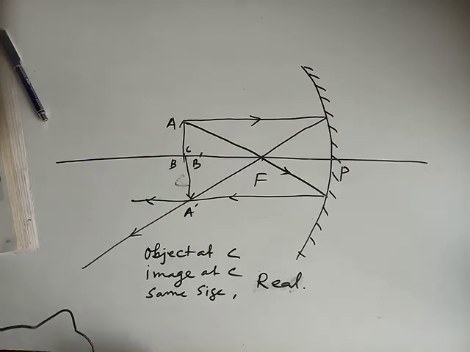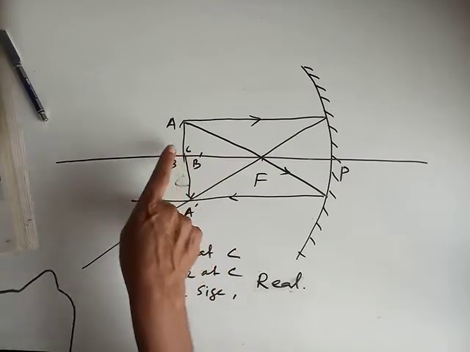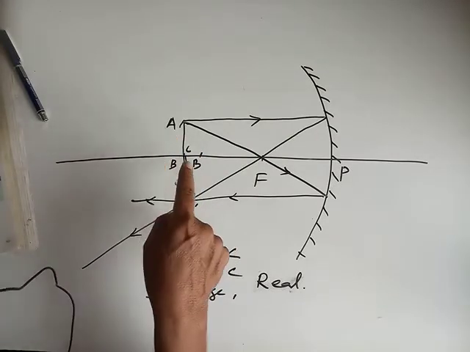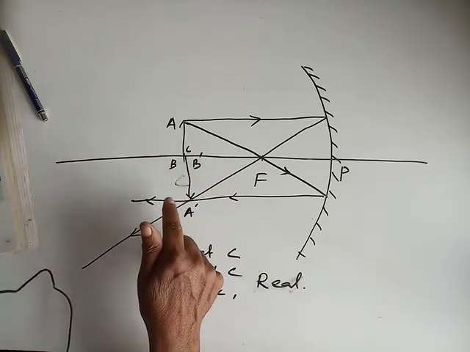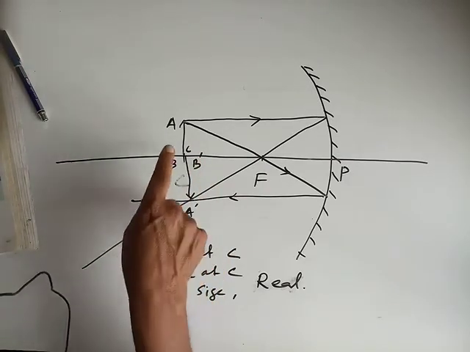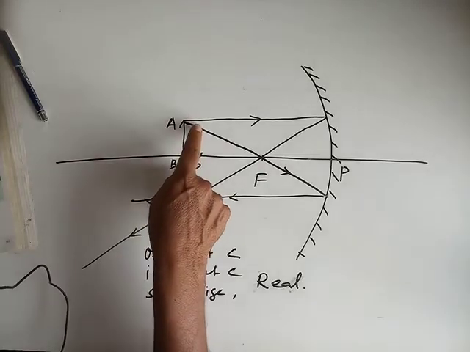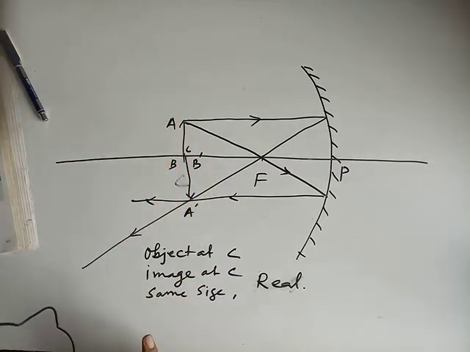When the object is above the principal axis and the image is formed below the principal axis, that will be a real one. When the object is above the principal axis and the image is also formed above the principal axis, that will be a virtual one. Remember it.